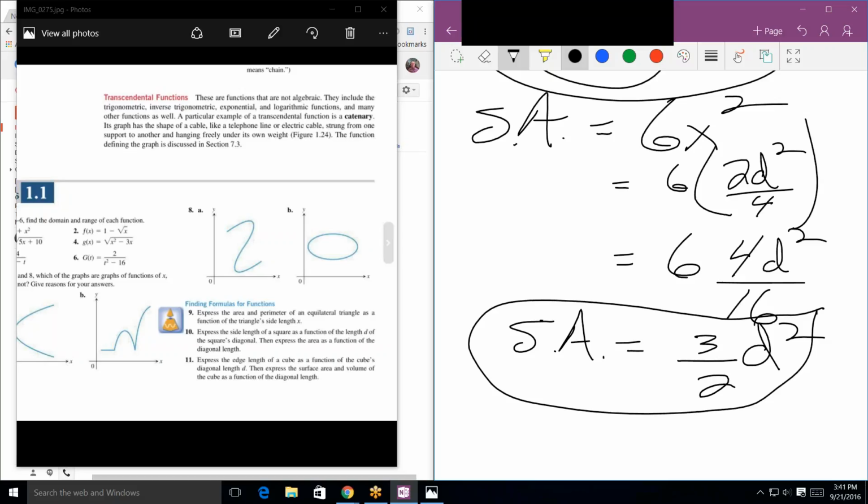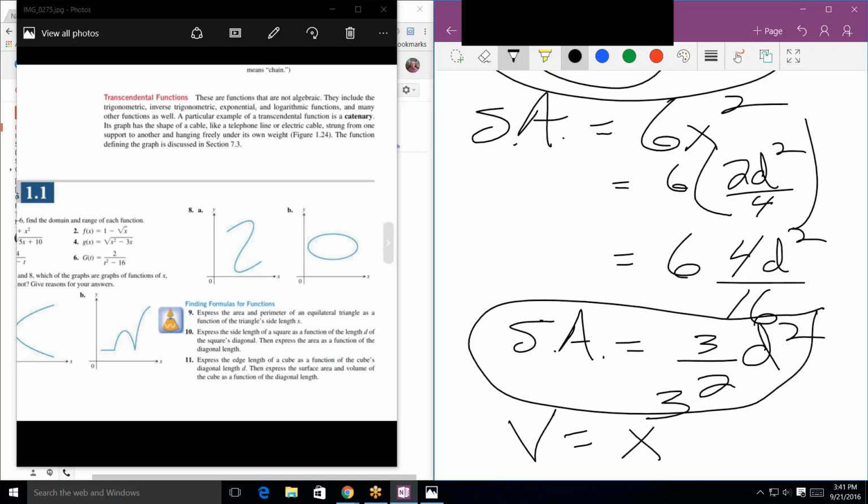Okay. Now what is volume as a function of x? Length times width times height. Which means what as a function of x? V equals x cubed, right? In other words, the volume of any cube is the length of any side cubed.